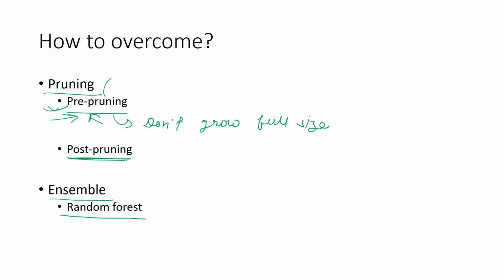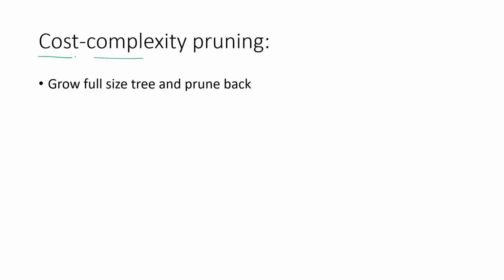Another is called post-pruning. In post-pruning, what we do is grow the full size tree and then prune back. There is one method of post-pruning which is covered in this week. This is called cost complexity pruning. What happens here is we grow the full size tree, let's call it T0, and then prune back.